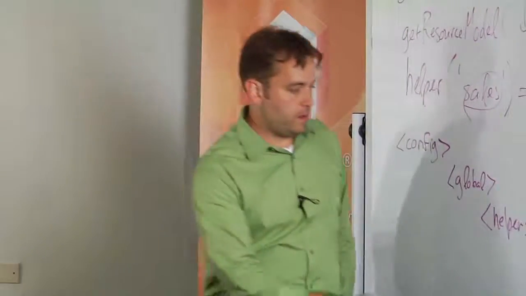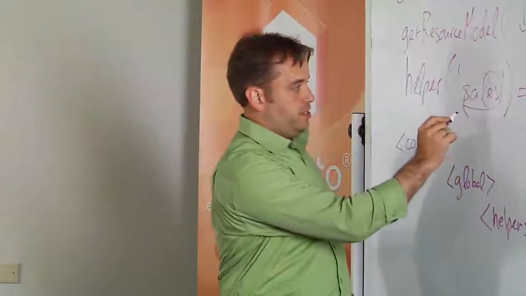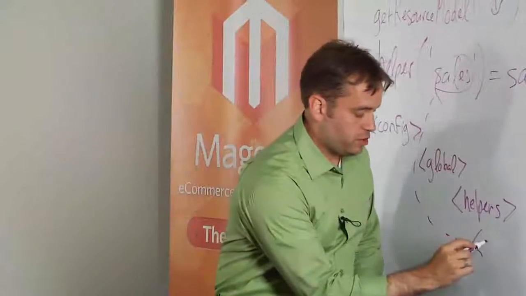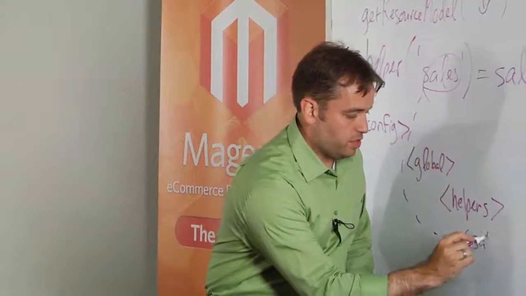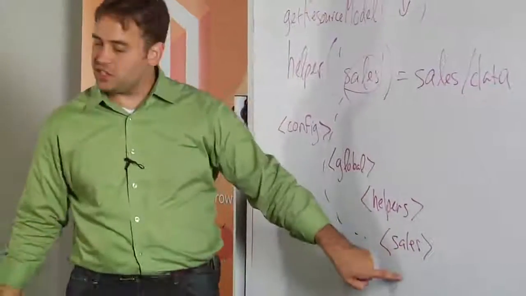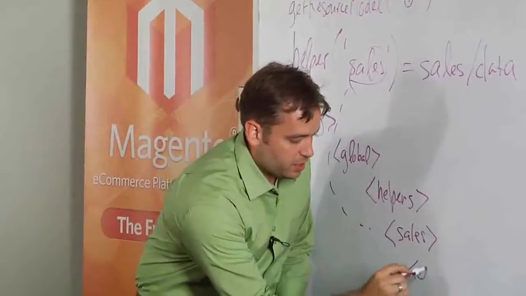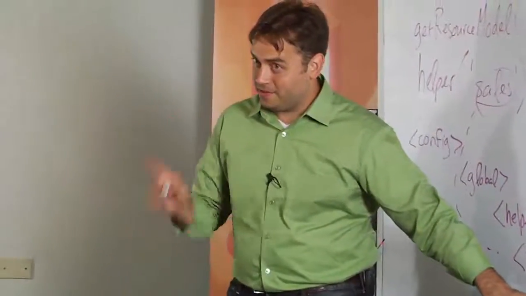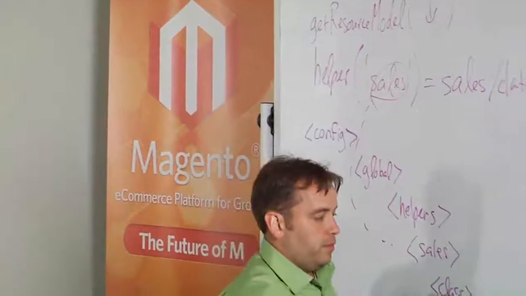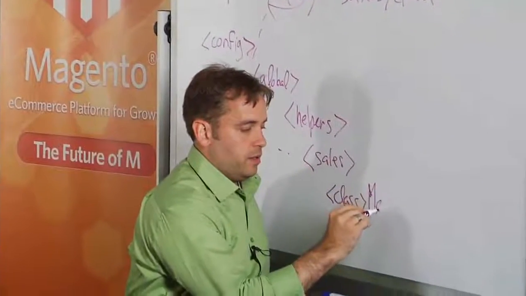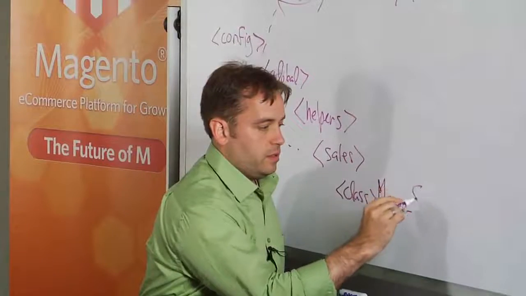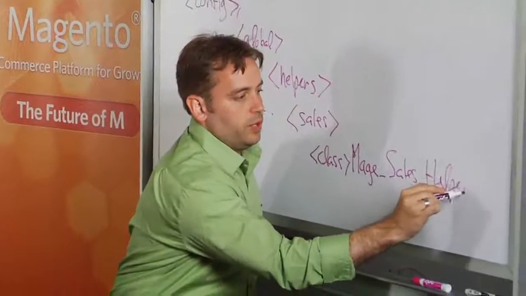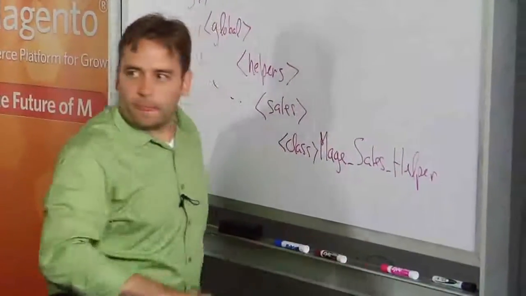Hopefully in our configuration structure, we will have sales, and then inside sales, we look for class. And in that class node is where we would specify Mage sales helper. That's the connection.